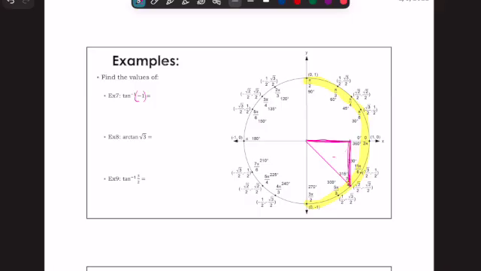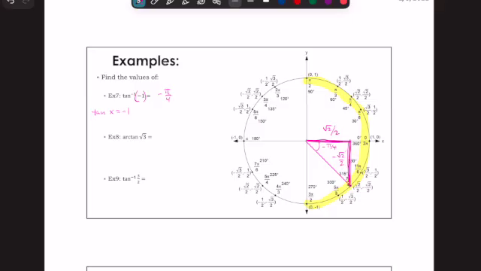So this is negative root 2 over 2, and this is root 2 over 2. When I divide those two, I get negative 1. So I'm asking, when does tangent x equal negative 1? Well, that's going to be here at negative pi over 4.